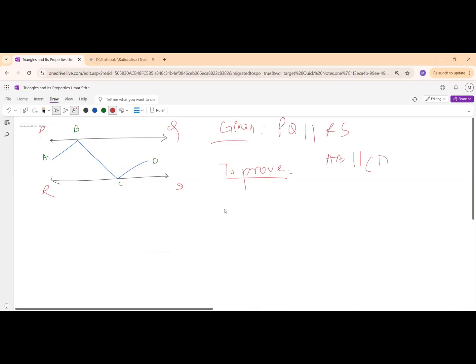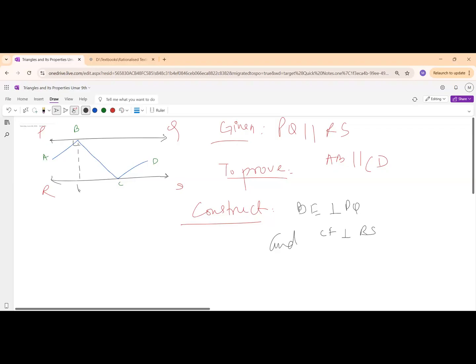See, first of all, construct a line BE perpendicular to PQ and CF perpendicular to RS. So draw a line BE perpendicular to PQ, so 90 degrees.